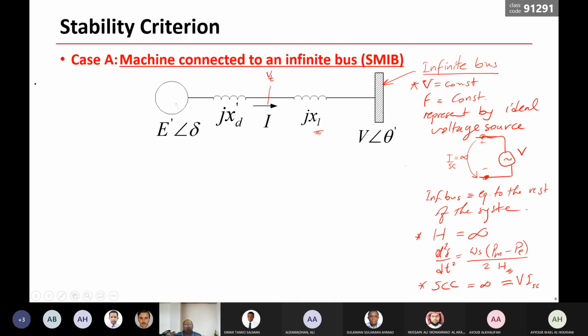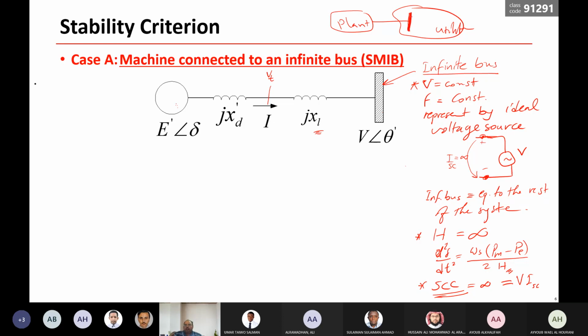This short circuit capacity is usually used in real life when you want to connect, if this is a utility, an industrial plant to this bus of the Saudi Electricity Company.